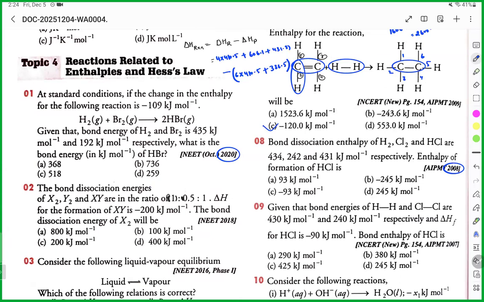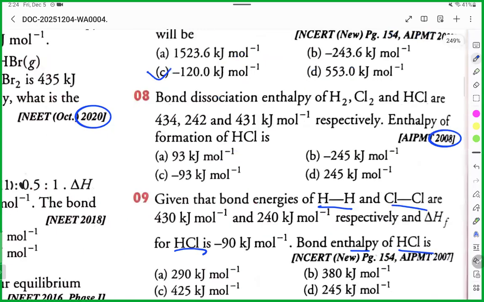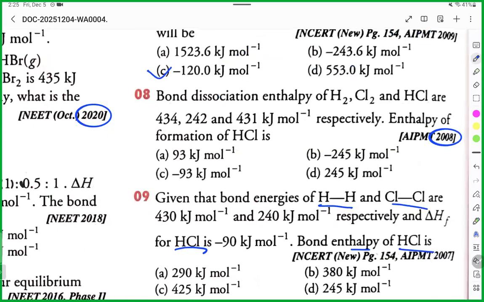Here H2, here chlorine, here HCl, bond dissociation energy of HCl. Both the 8th and 9th questions are ditto the same. Yes, balancing is needed, there are two of these.